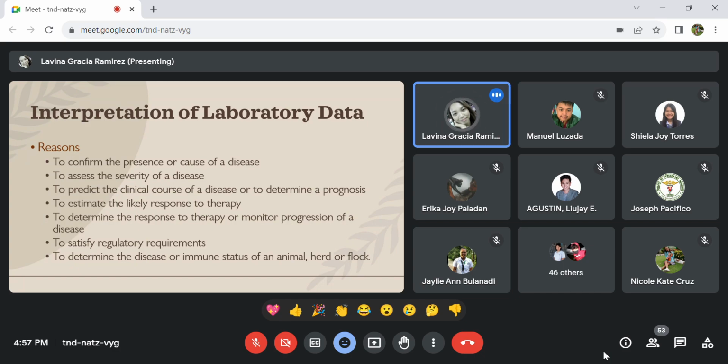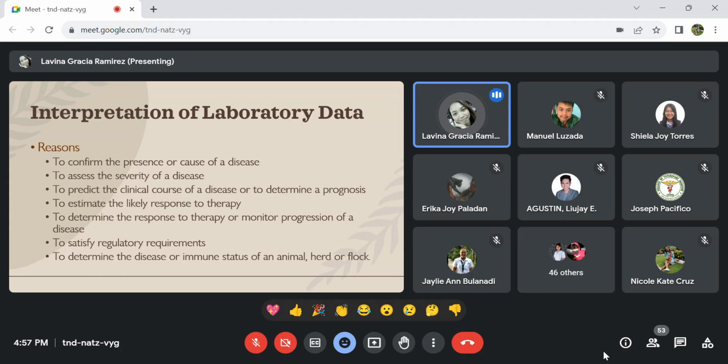Interpretations of the data taken from the laboratory: although these are ancillary activities, they have a great impact on the interpretation or diagnosis of a particular condition.